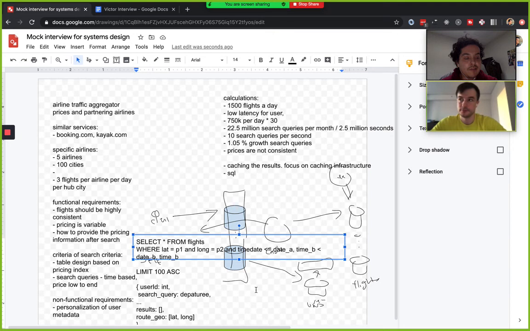So if the members around your proximity have a highly visited route or purchase route, then we also keep note of the departure and arrival city, and if that shows up enough in the search queries, that gets noted for a route geo.